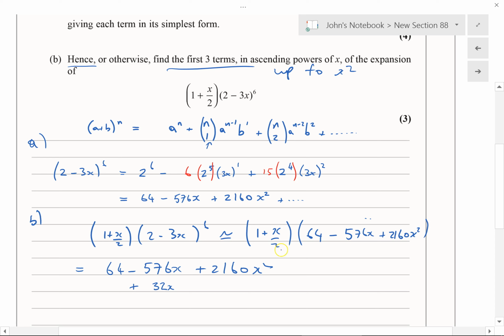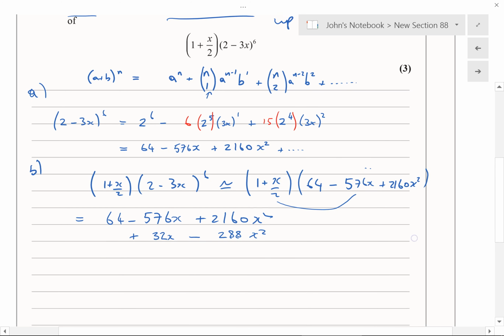And then take away 576 times by x over 2, basically the same as 576 divided by 2, and that equals 288x squared. And then we just combine these. We don't need the next term because we're only going up to the first three terms, so that means up to x squared.